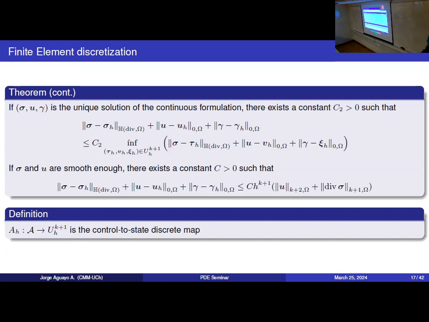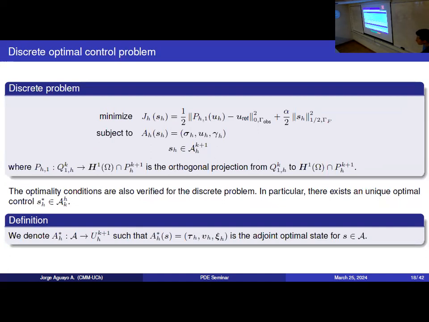This is not usual in the finite element and numerical community, talking about optimal control problems. There are not a lot of papers about it. It would be very complicated to find some literature or an answer for this direct problem. We don't have a lot of information.